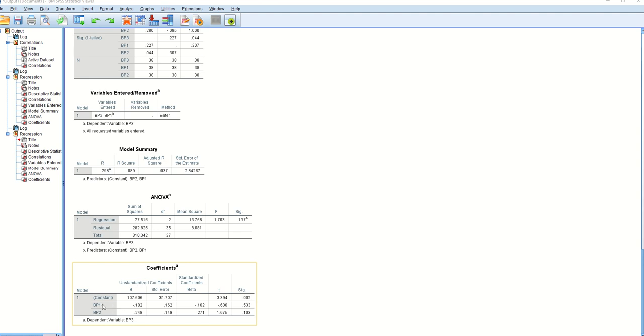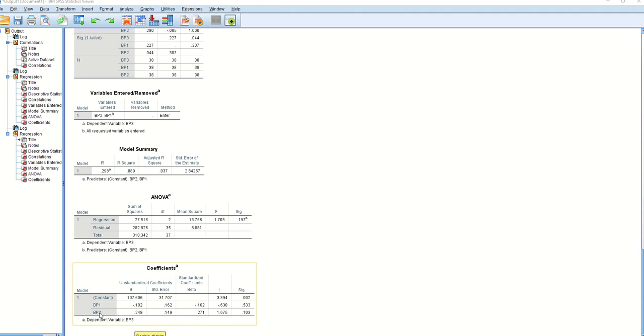And sure enough, when we look at the coefficient table, you have your intercept equal to 107. Your slope for blood pressure 1 is negative 0.102, and it's not statistically significant. The slope for blood pressure 2 is 0.249, and it's not statistically significant.